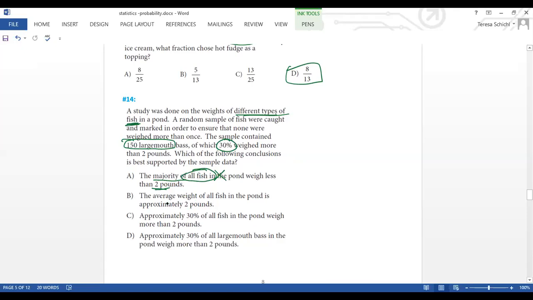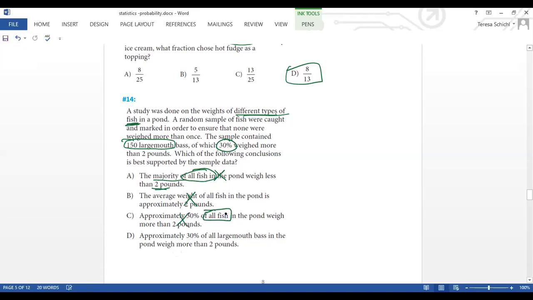And then the second one here, they say the average weight of all the fish in the pond is approximately 2 pounds. No, we don't know about that. We just know that 30% of the largemouth bass weigh more than 2 pounds. Number C: approximately 30% of all the fish in the pond weigh more than 2 pounds.